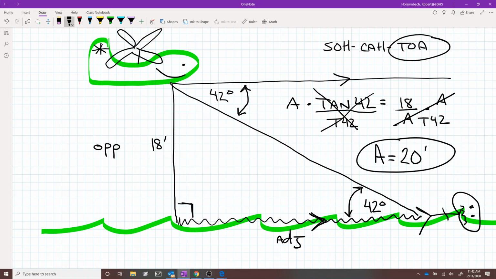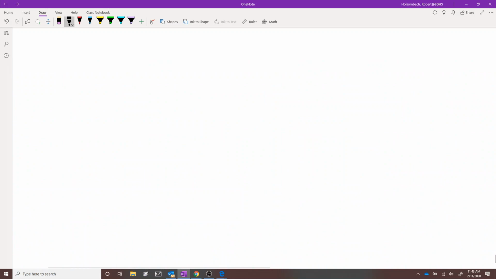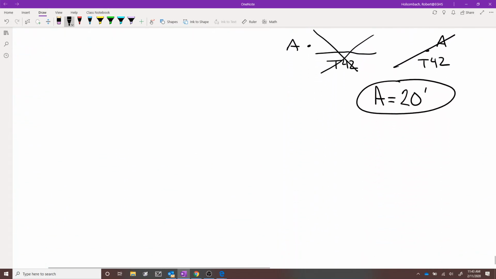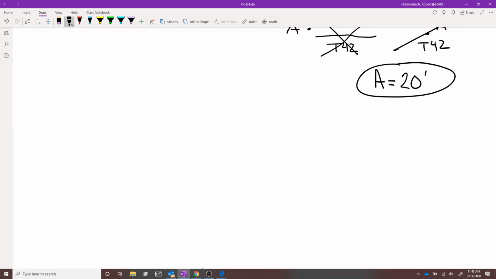Anybody have any questions on angle of elevation and depression, or either of the examples we did? All right, your assignment for today is on page 583.